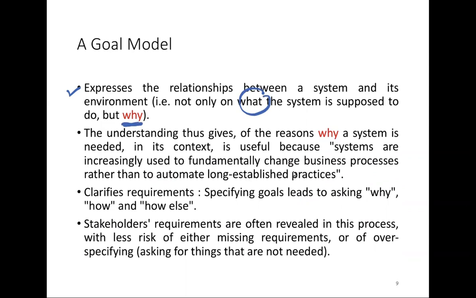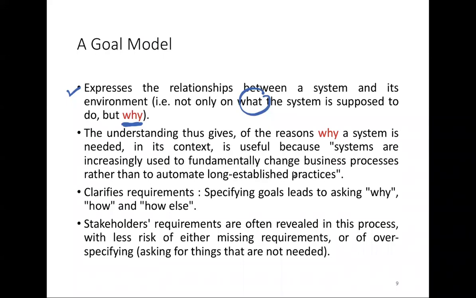So we'd like to model a set of goals in the system, which refers to the objectives of such a system, to answer questions related to why. So the understanding would give the reasons of why the system is needed, the context of the system, if it's useful or not. And of course, this is very important because systems are increasingly used to fundamentally change business processes rather than to just automate long-established practices.